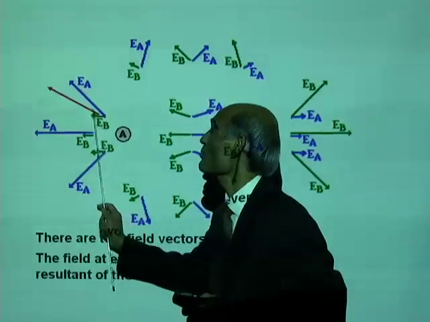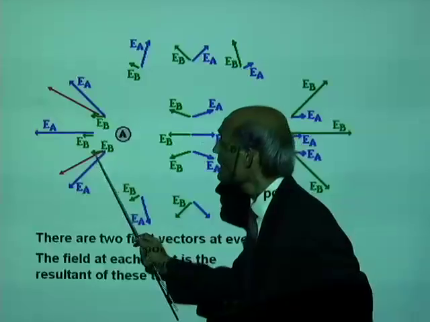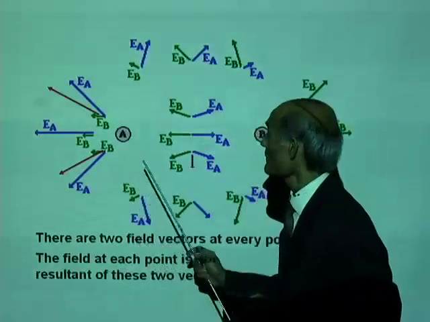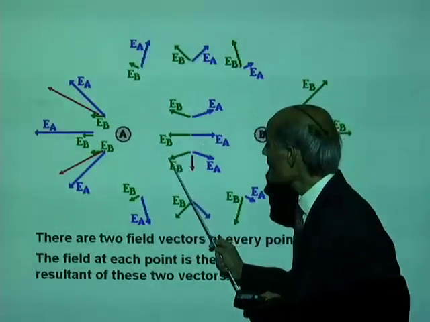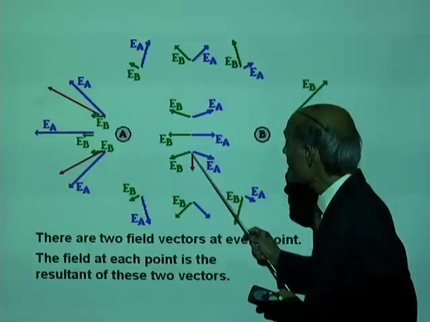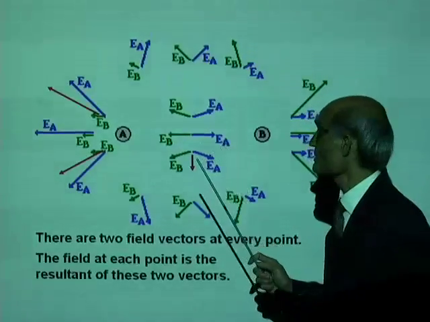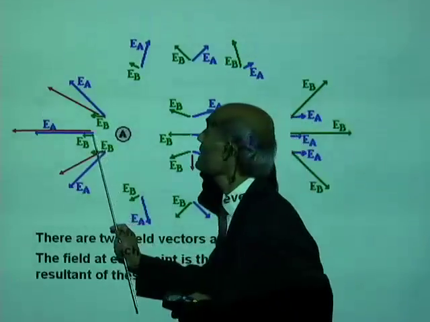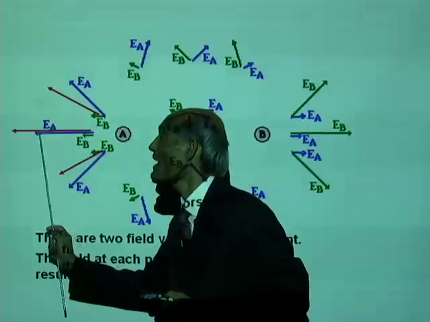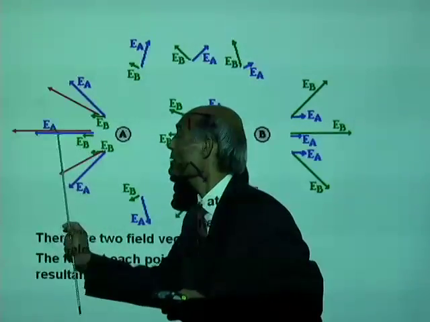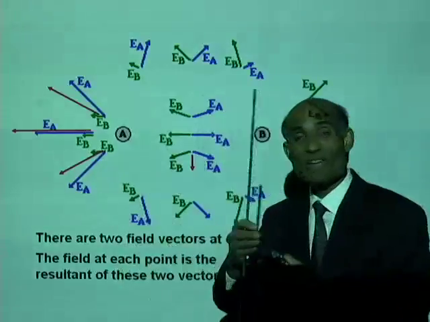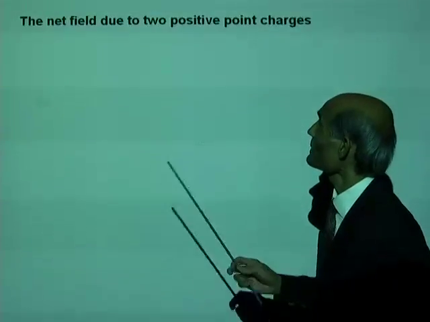I'm sure you understand why that is a resultant. Here, that is the resultant. And here, this is E sub B, this is E sub A, therefore that is the resultant. And here, E sub A and E sub B both are in the same direction. And look at the resultant field there, they can simply add up.